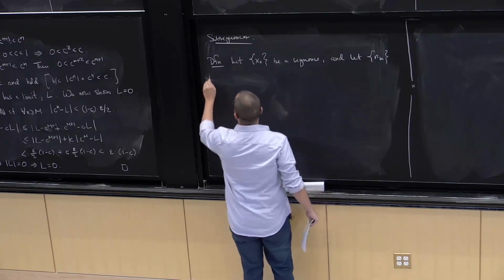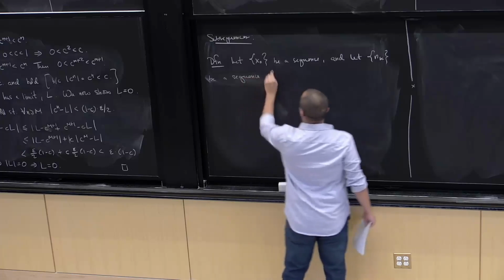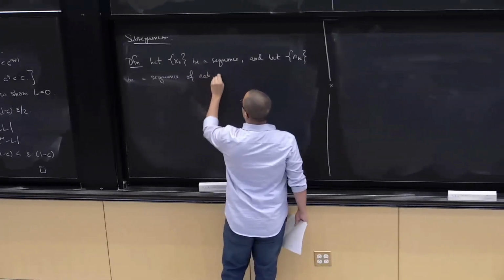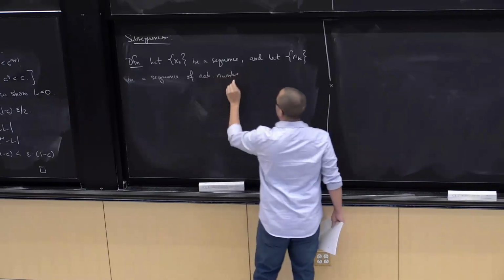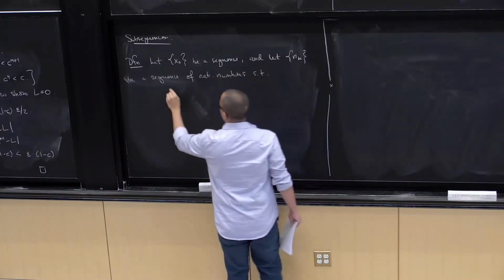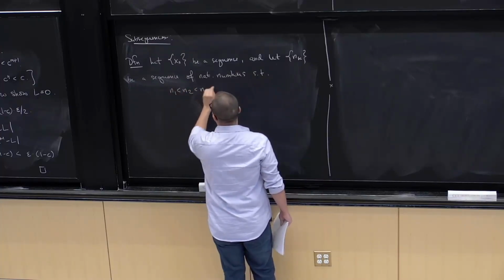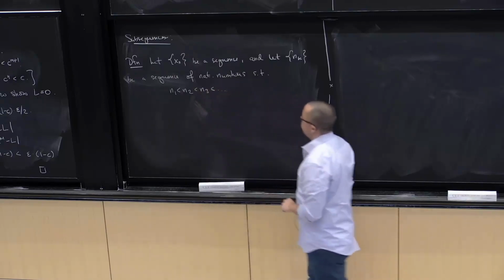So this is the sequence of natural numbers which are strictly increasing. n sub 1 is less than n sub 2 is less than n sub 3, and so on.